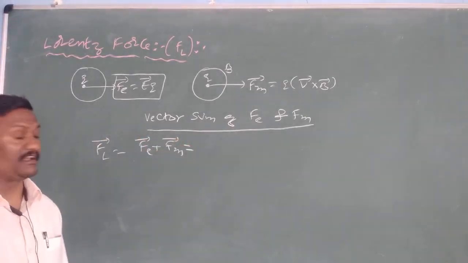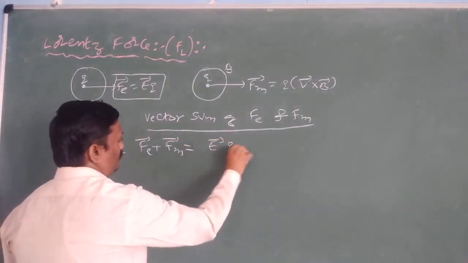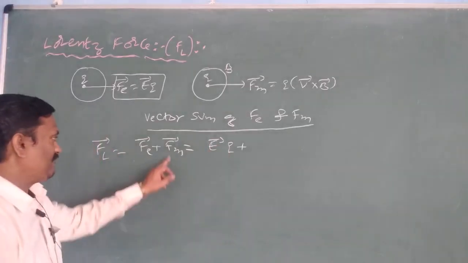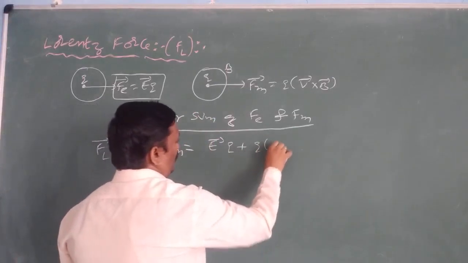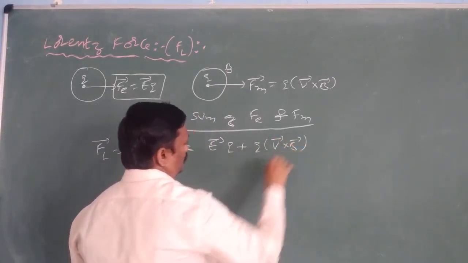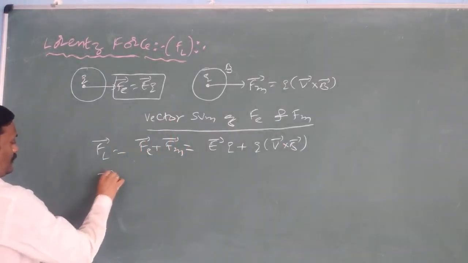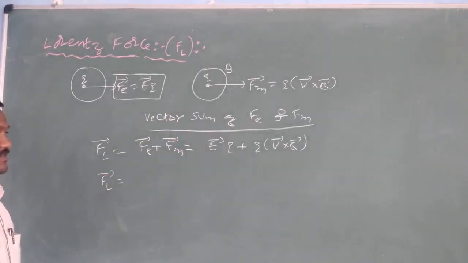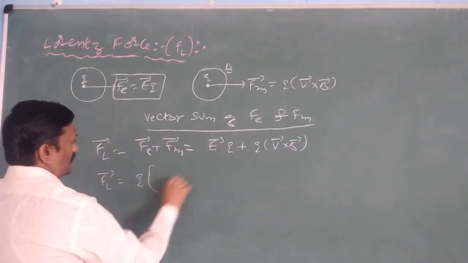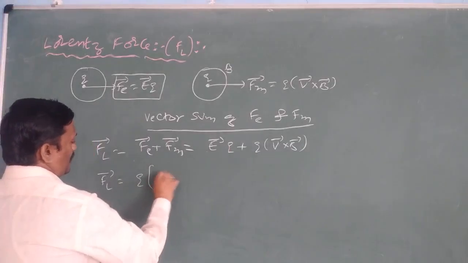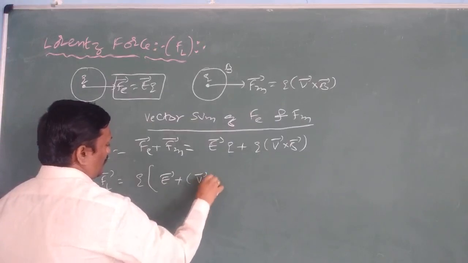Here Fe bar means the vector form of electrical force, E bar into Q. Fm bar means the vector form of magnetic force, Q into v bar cross B bar. Then the expression for the Lorentz force, FL bar, is equal to: in both terms Q is common, the remaining values are E bar, and v bar cross B bar.